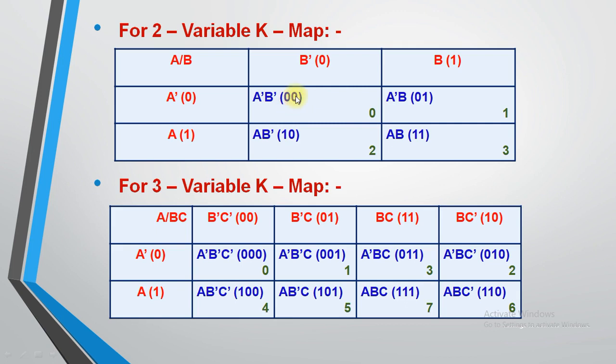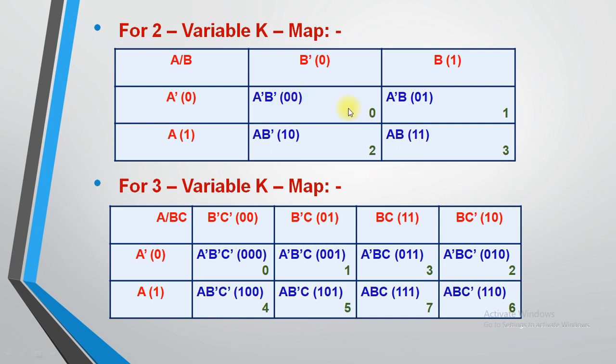It is 0 0 in the 0th cell, 0 1 in the first cell, 1 0 in the second cell, and 1 1 in the third cell. That is fixed: in the 0th cell you write 0 0 only, that is predefined.